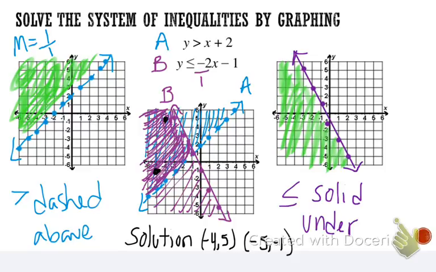Maybe I want to use -6, 0 right there. Any point as long as it's on the area that both of these lines are sharing for the shaded part. This also happens to be the area for quadrant 2 and the area for quadrant 3.